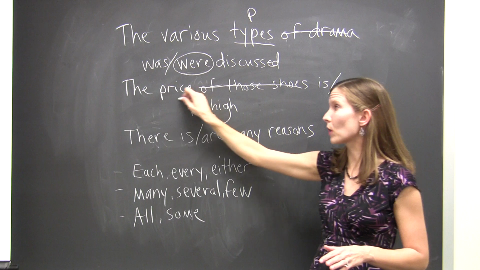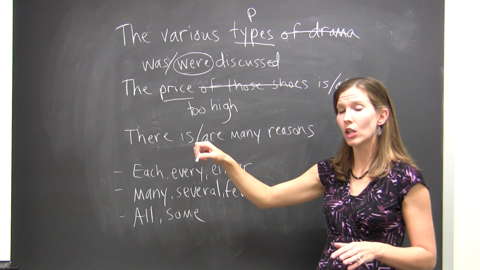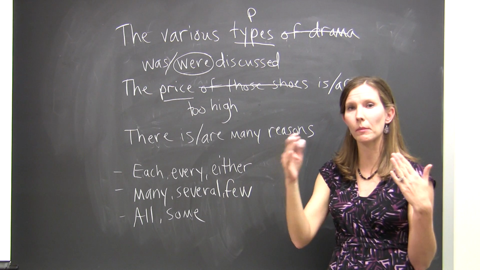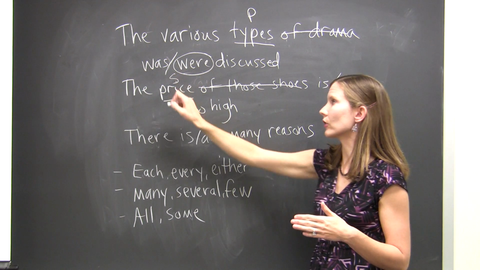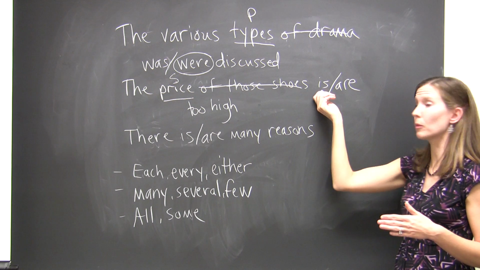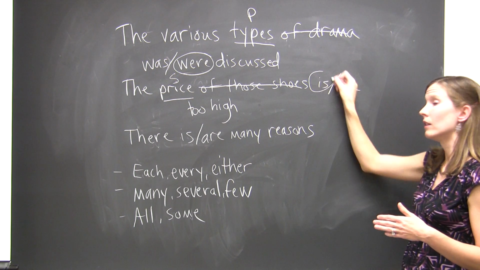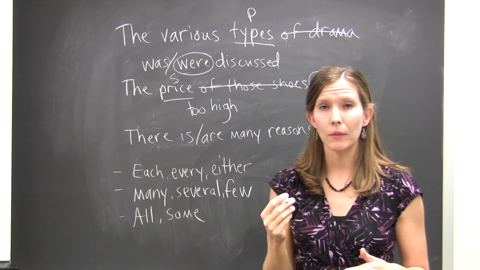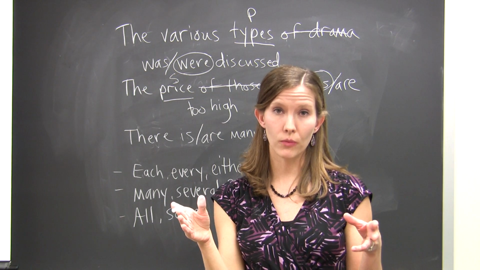That leaves you with price as your subject. Price is a singular noun. It's not talking about prices, it's talking about price. So that's singular, which goes then with the singular verb, which ends in S, is. Okay? So that's one kind of sentence that can be confusing, sentences that have prepositional phrases.